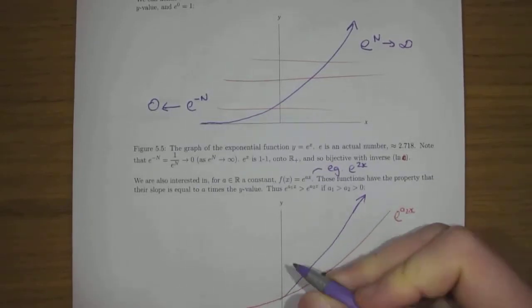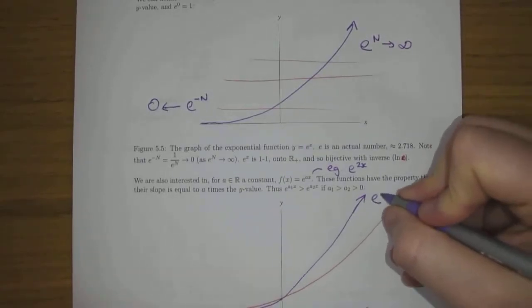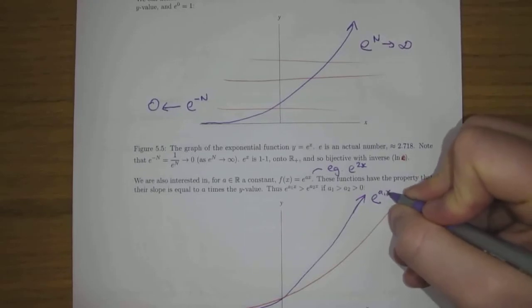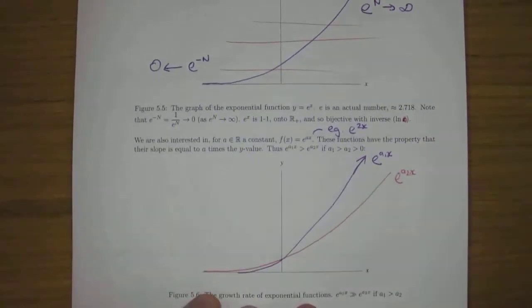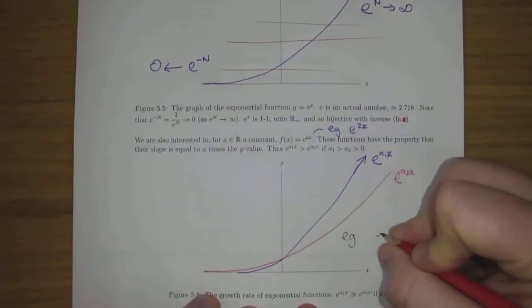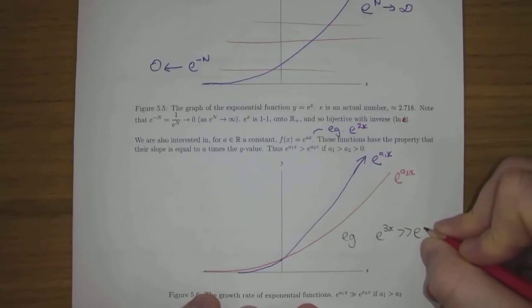And then the other one, now they're both equal to 1 at 0. And then this would be e to the a1x. So if a1 is bigger, for example, e to the 3x will soon get far, far bigger than, say, e to the 2x.